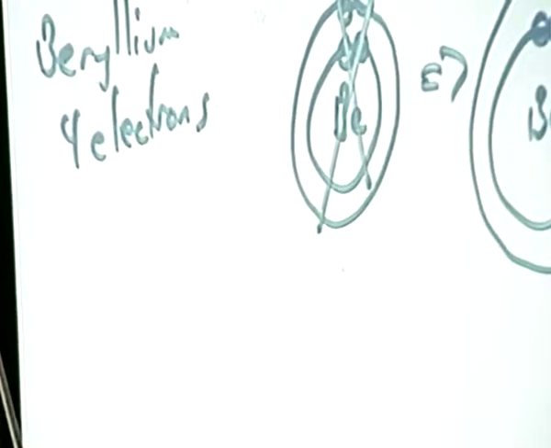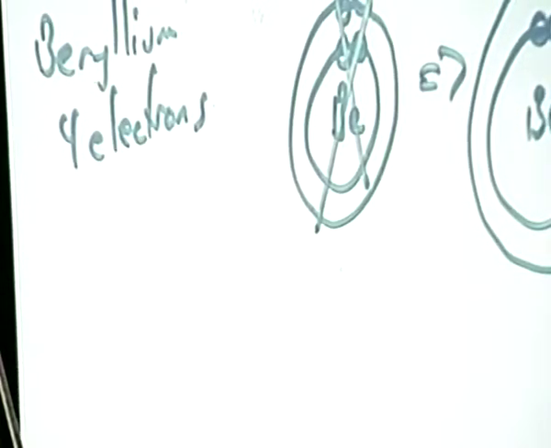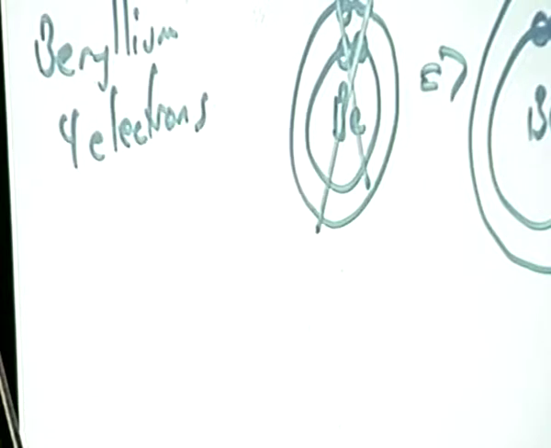Yes? The atomic number tells you also how many electrons are in the atom? Good question. Does the atomic number tell you how many electrons there are? Exactly right. Because the atomic number is the number of protons, and in a neutral atom, the number of protons and electrons match. Are they all neutral?